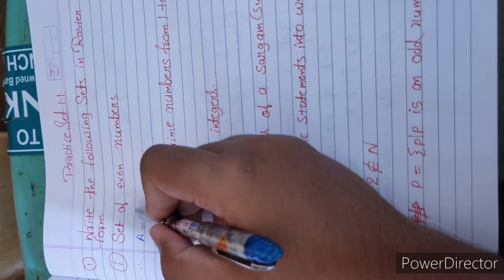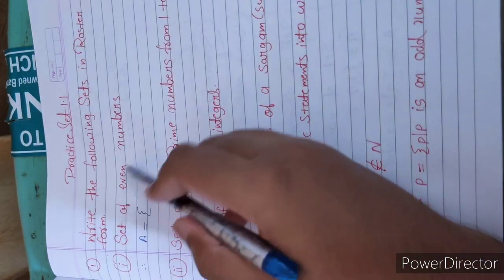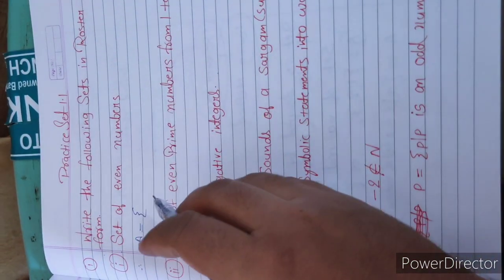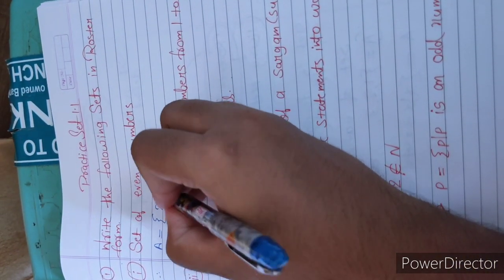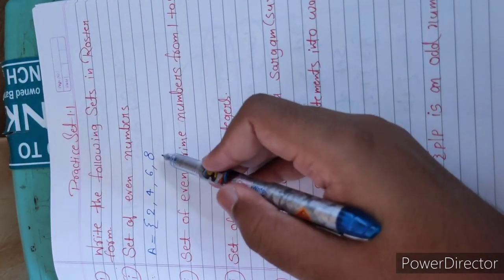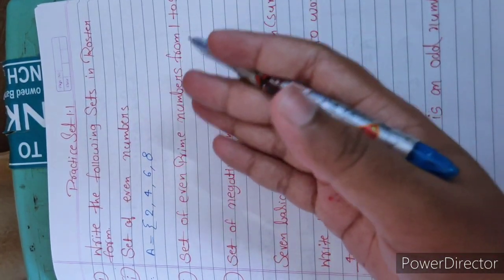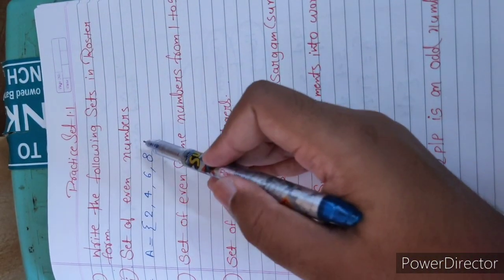A equals, we write in curly brackets. Even numbers are multiples of 2, so it starts from 2: 2, 4, 6, 8. But how many are there? Is it some finite number, for example 5 or 10? No, it is infinite because it is dealing with natural numbers.